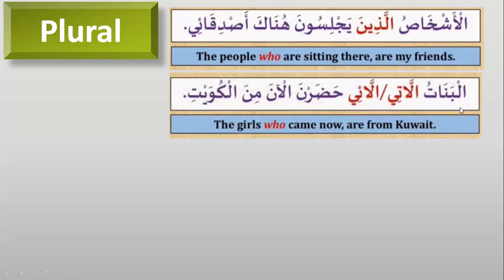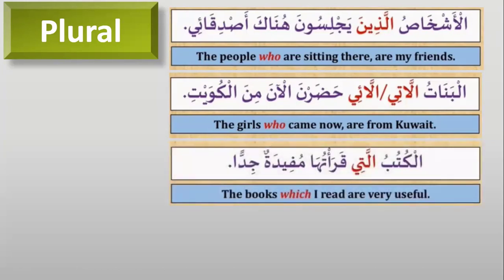Al-banatul lati or al-banatul lai hadarna al-an min al-Kuwait. The girls who came now are from Kuwait.